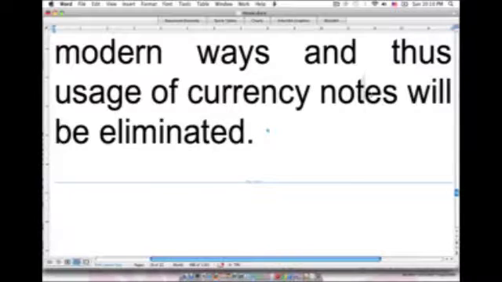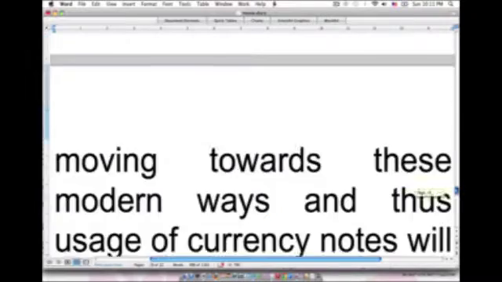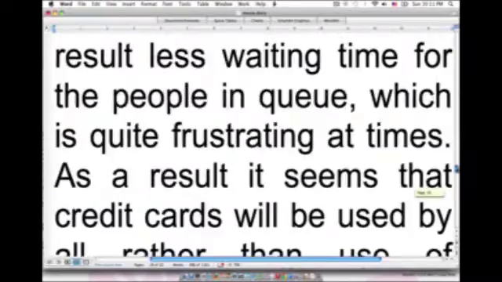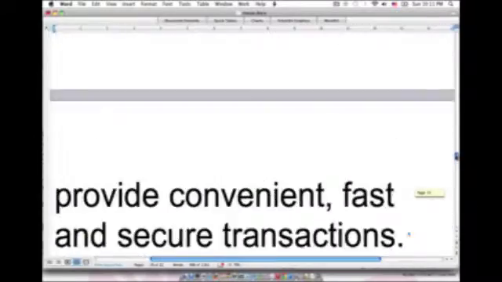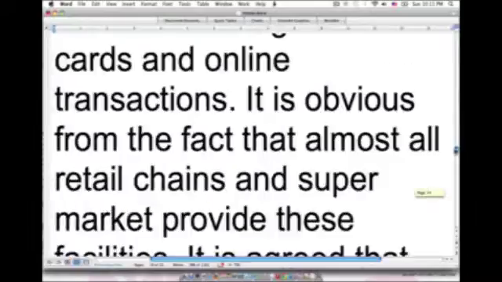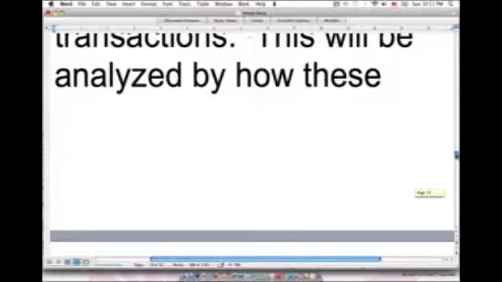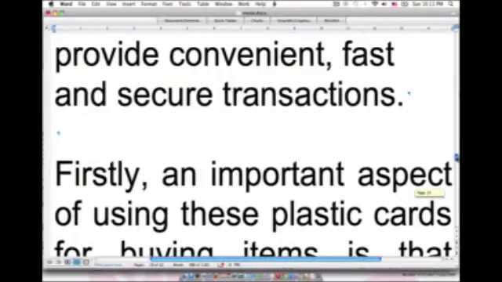Now, let's go over the areas that the student needs to improve on. For one, the outline sentence, which I'll scroll up and show you quickly, is quite awkward. So we go through the thesis: "This will be analyzed by how these provide convenient, fast, and secure transactions."